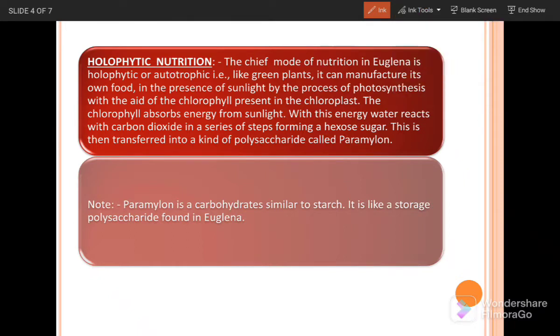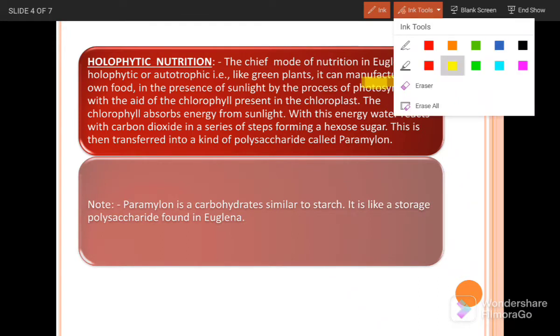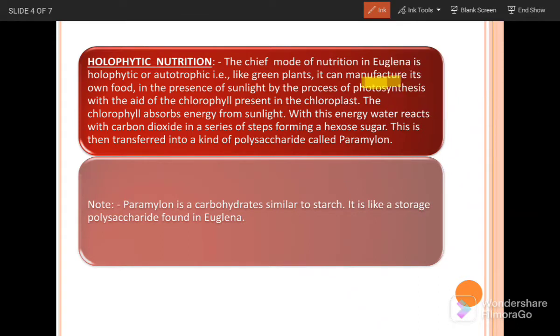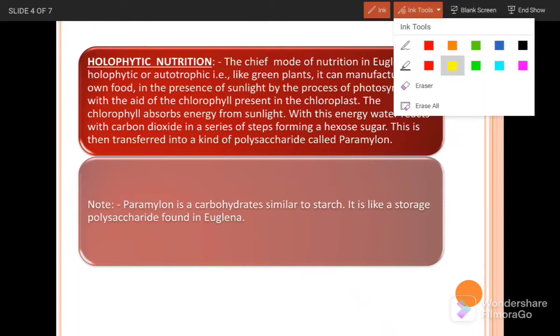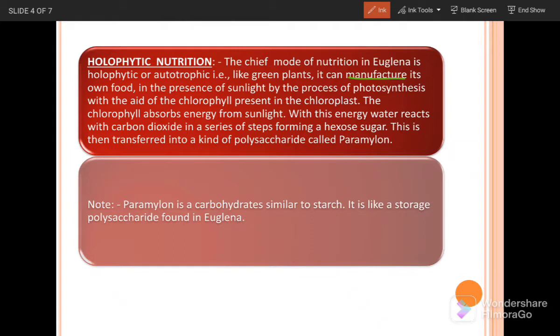Holophytic means the chief mode of nutrition in Euglena is holophytic, or we can say autotrophic, like green plants. Like green plants means it can manufacture its own food in the presence of sunlight by the process of photosynthesis with the aid of chlorophyll present in the chloroplast.